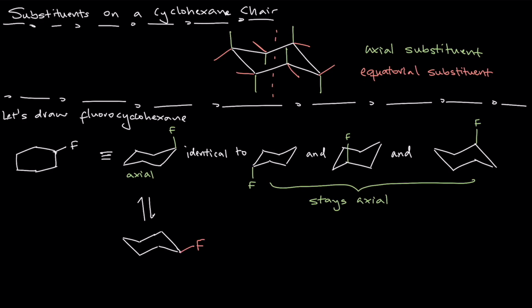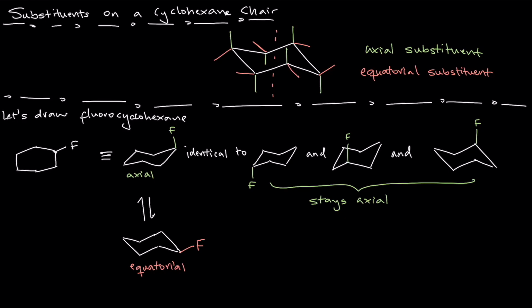That's what is different, your perception, not the actual conformation of this particular molecule. However, the molecule I have now drawn at the end of those equilibrium arrows is a different conformer of your fluorocyclohexane. And the reason you would know this is that fluorine has gone from being in an axial position and has moved into an equatorial position.